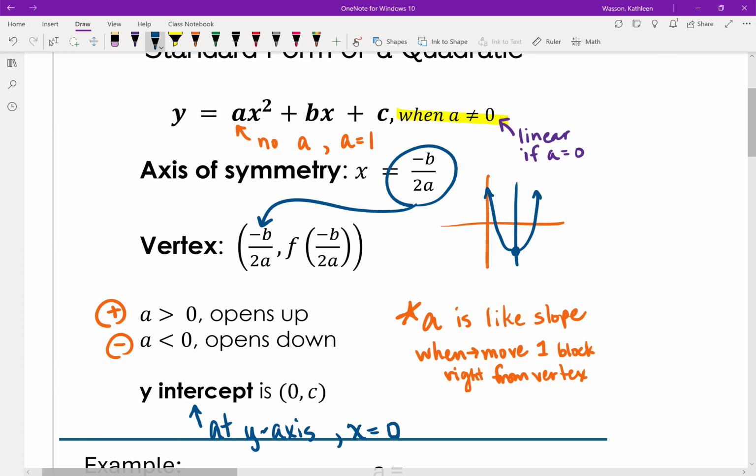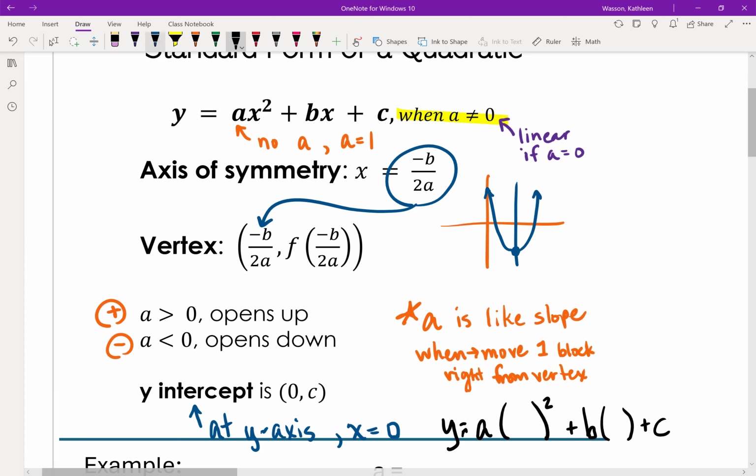So if I substitute 0 for x in my equation, I'll have a, and then I'll substitute for x, and I square that, and then I add b, whatever that is, and an x that I don't square, and then I add c.